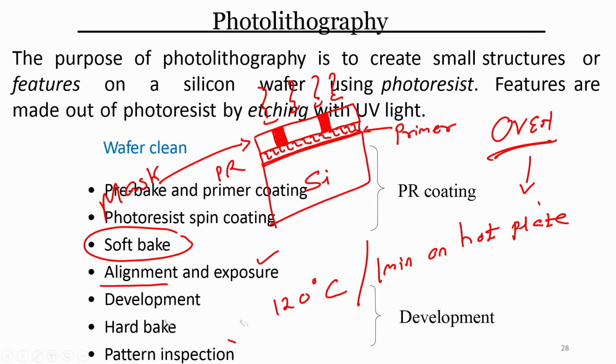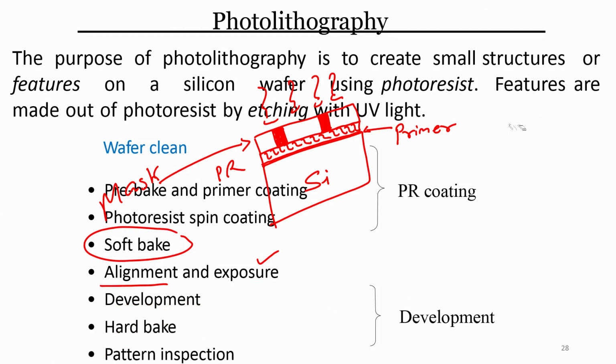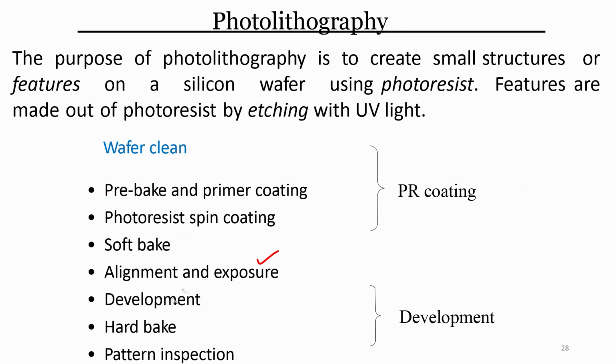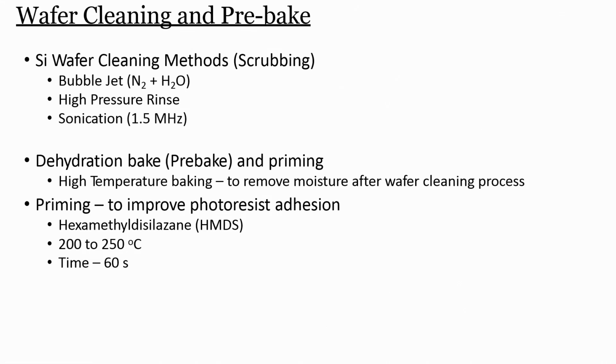So, we will take an example, to see what we have discussed right now, so that we understand clearly how photolithography can be used. Like I said, wafer cleaning and pre-bake can be done by bubble jet, high pressure rinse or sonication.